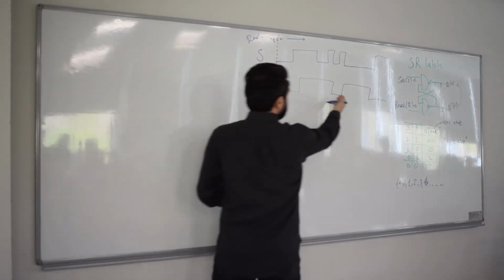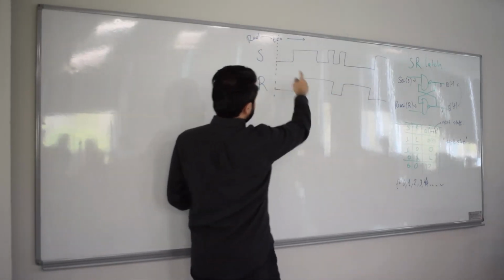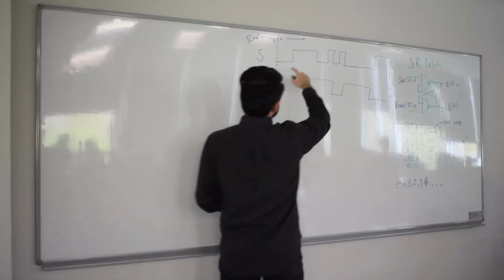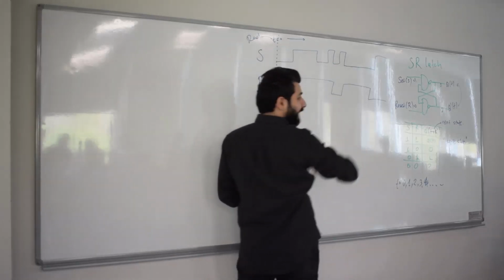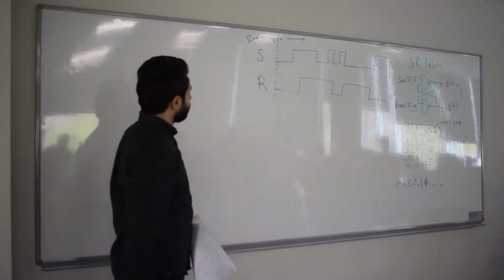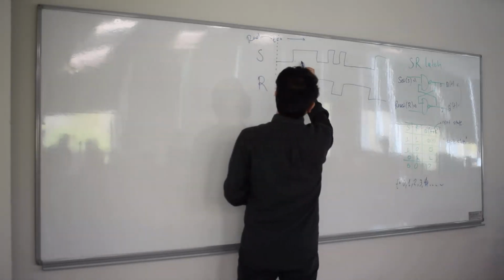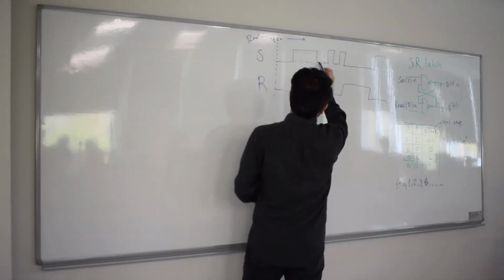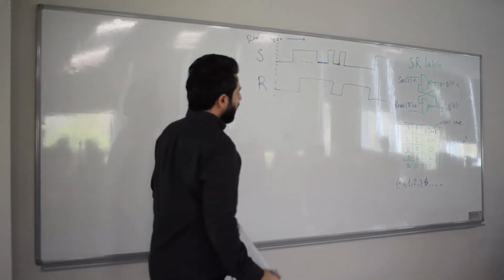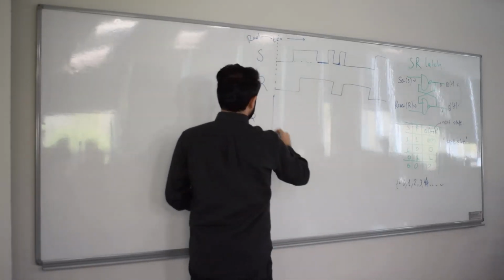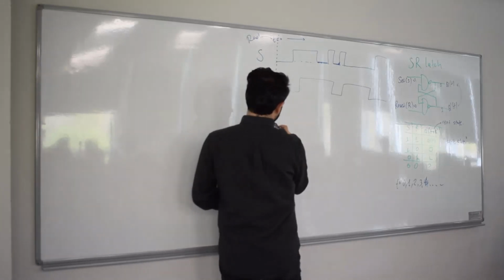As you can see, there is no clock here. There is no clock. These two inputs can go up or down at any time, any real number. Of course, these are all on the same level. All right, now I want you to draw Q(t).